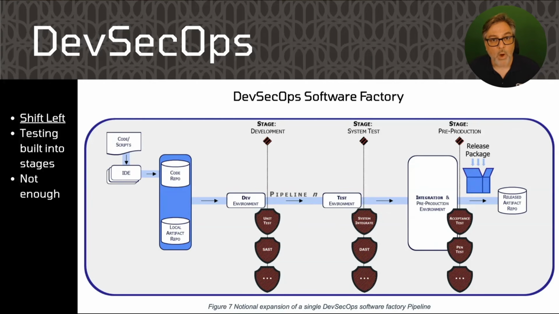So let's talk about why this isn't enough. One of the fundamental problems in the DevSecOps world is that the 3 teams that comprise DevSecOps, the developers, the security teams, and the operations teams, they're all incentivized differently.